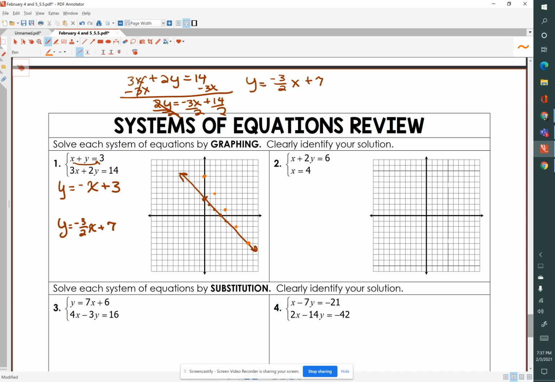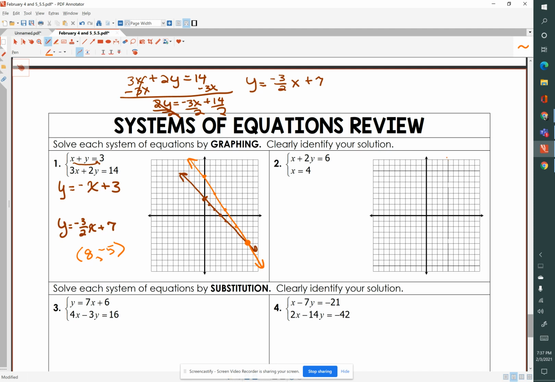Let's graph that line. And it looks like the solution to our equation is 8 on the x-axis and negative 5 on the y-axis. Right there. Okay, the next equation, x equals 4.